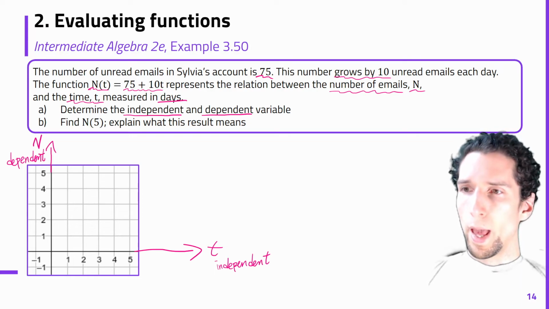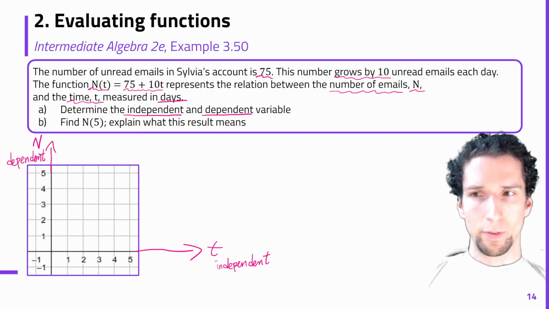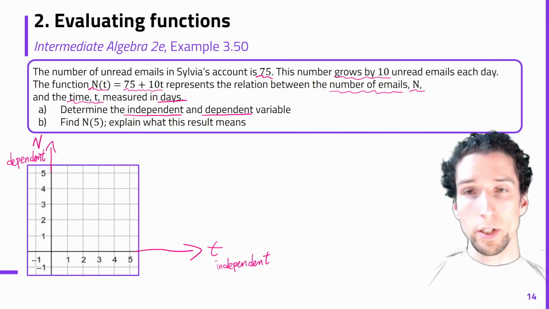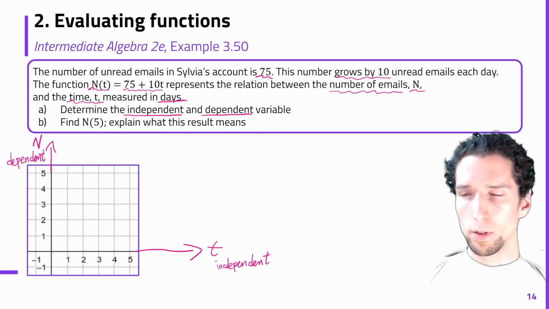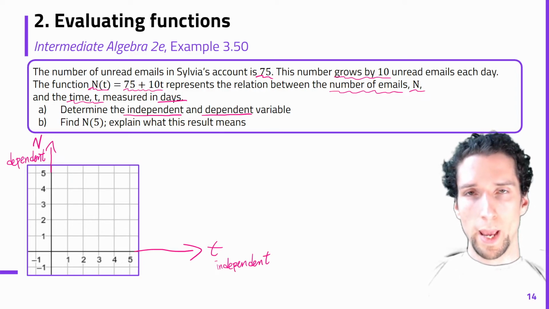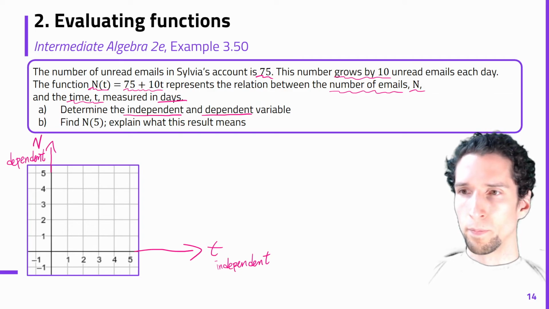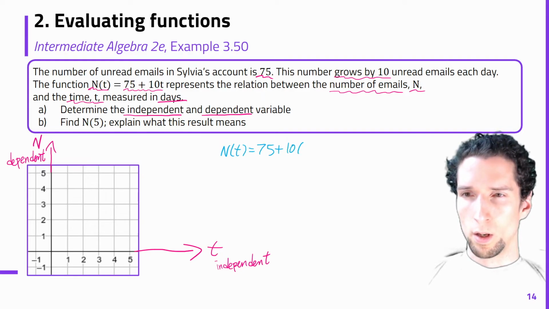And the second thing, they are asking us to find n of 5. So using our function notation here, nice handy label, instead of just y equals something, we have a label n for number of emails. So the original function n of t equals 75 plus 10t, and we are being asked to calculate n of 5.